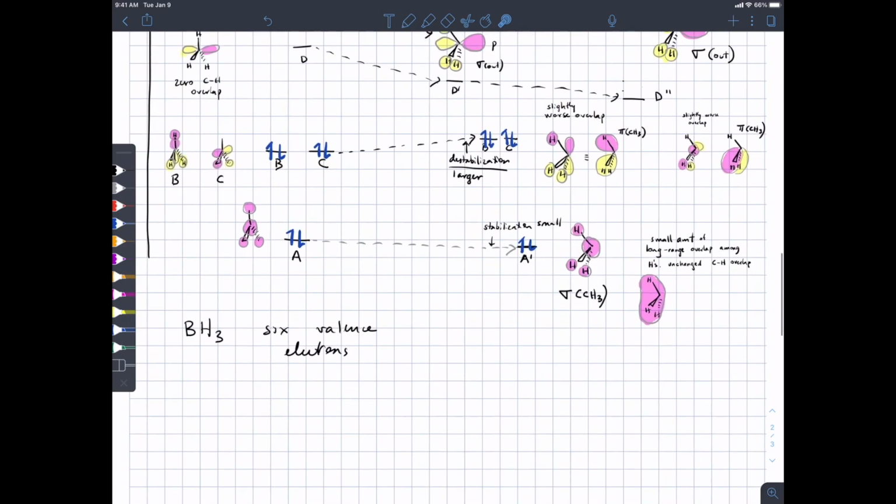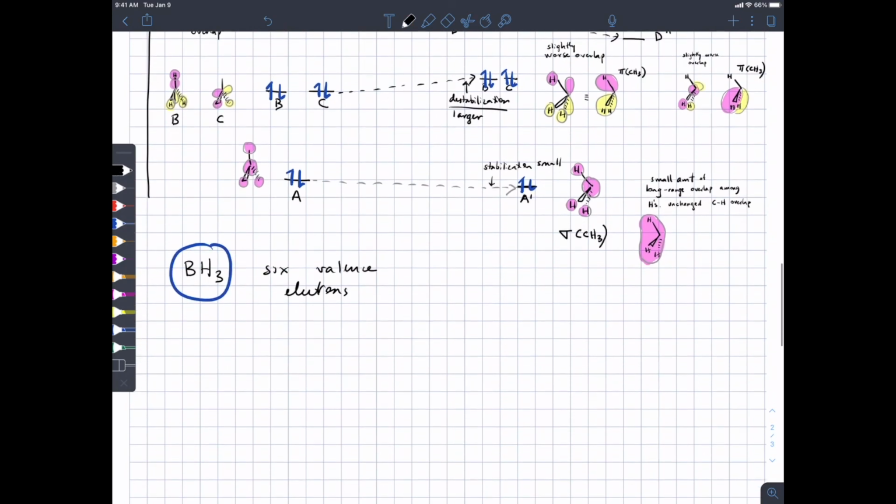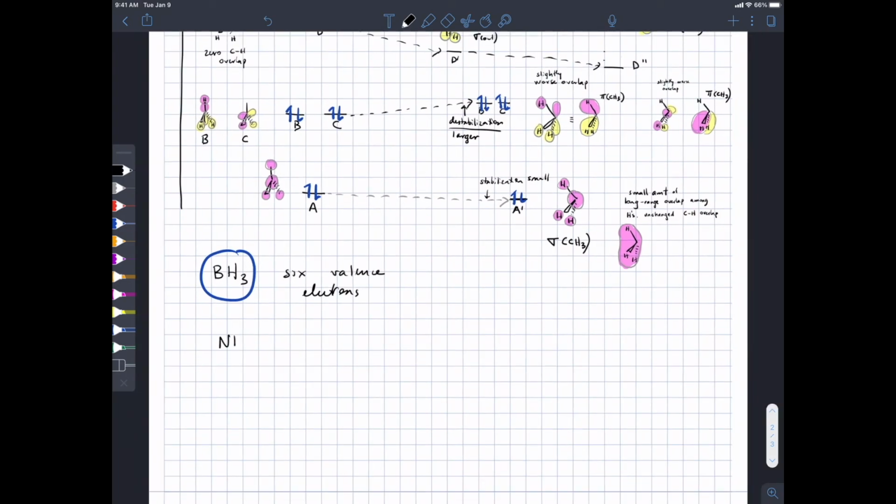Okay? In contrast, let's consider, I guess for BH3 we used blue. And I realize we're out of time, but it won't take us much time to do this. Now let's think about ammonia, NH3, 8 valence electrons.